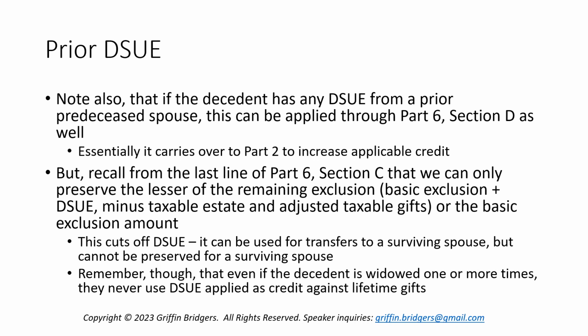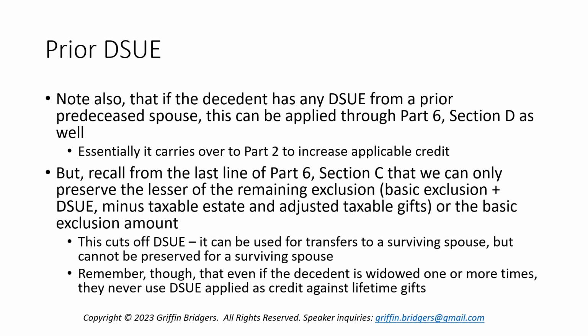Now, again, I want to emphasize the math of this, that with this rule of remarriage, we can only use the DSUE of the prior deceased spouse, and we can't preserve any of that DSUE for a new surviving spouse, because, again, we are only allowed to preserve the lesser of your remaining exclusion after adjusted taxable gifts and the taxable estate, as we saw in the last line of Part 6, Section C, or, if less, the basic exclusion amount.